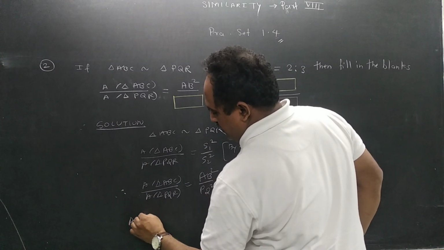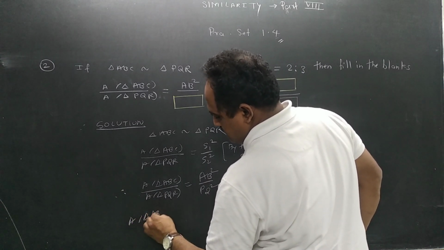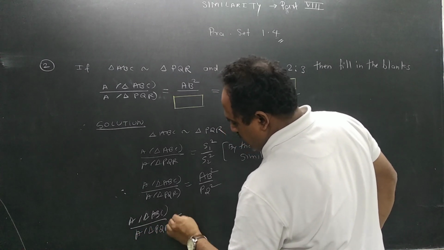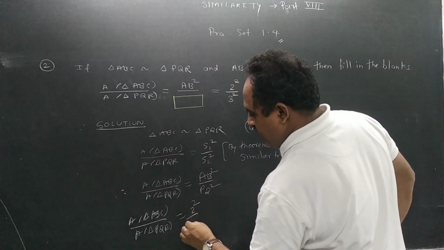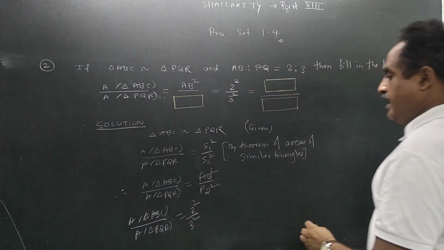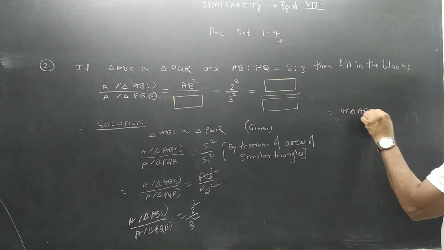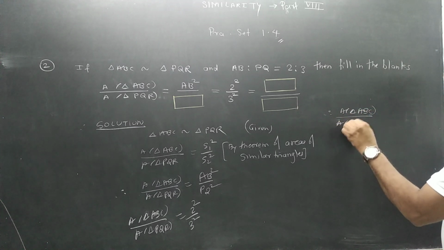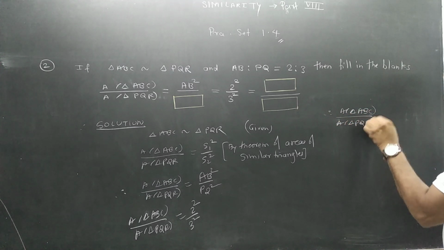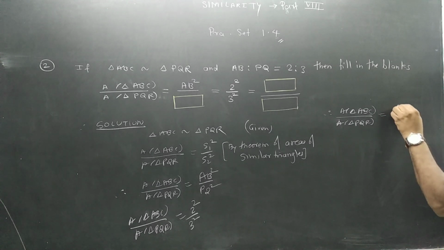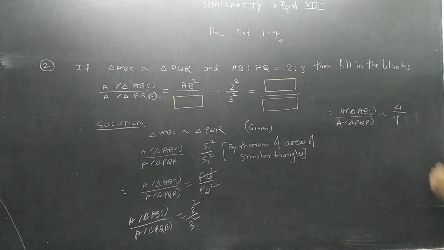Therefore, area of triangle ABC upon area of triangle PQR is equal to 2 square upon 3 square. Therefore, area of triangle ABC upon area of triangle PQR is equal to 2 square is 4 and 3 square is 9.